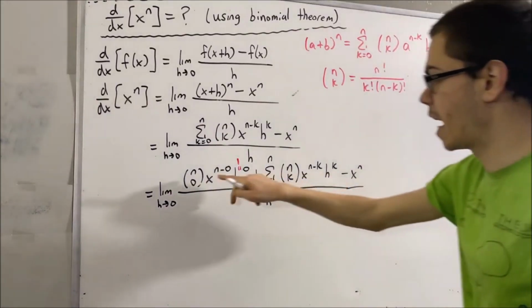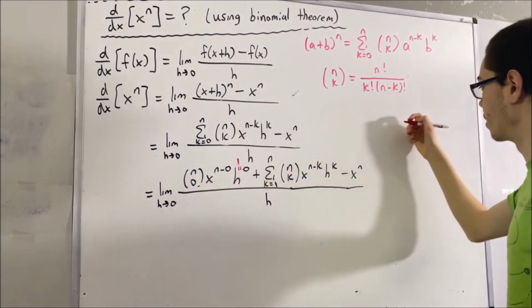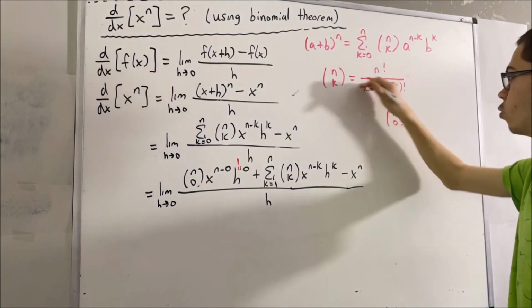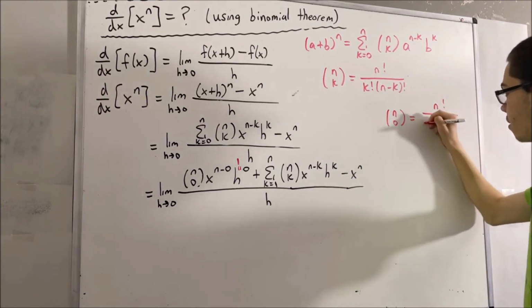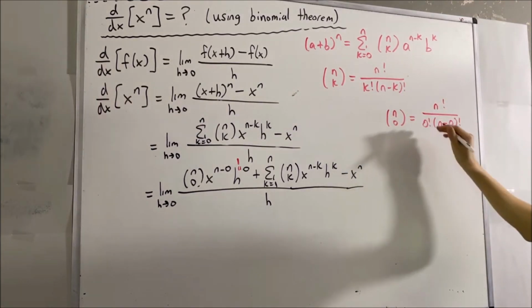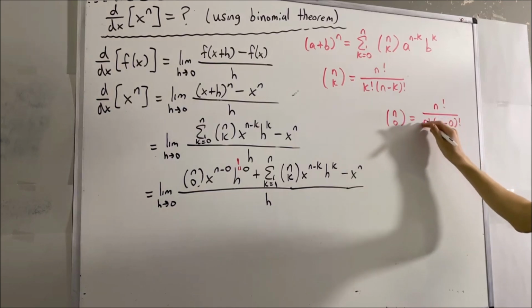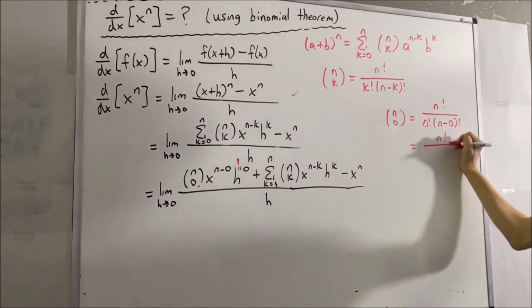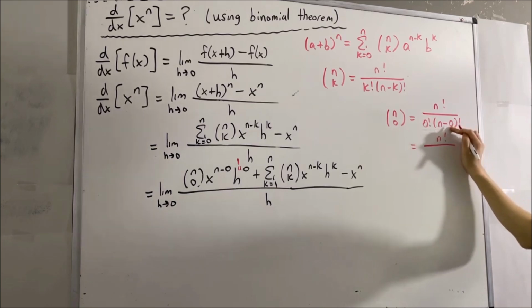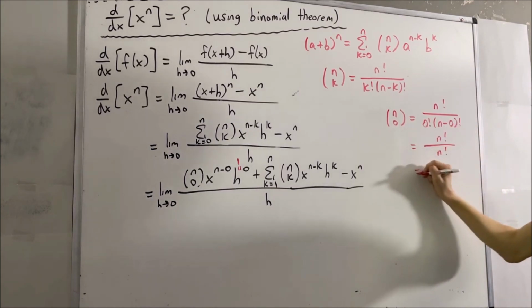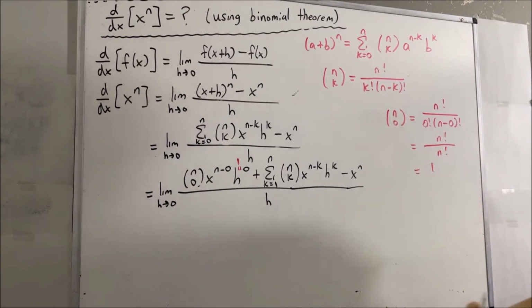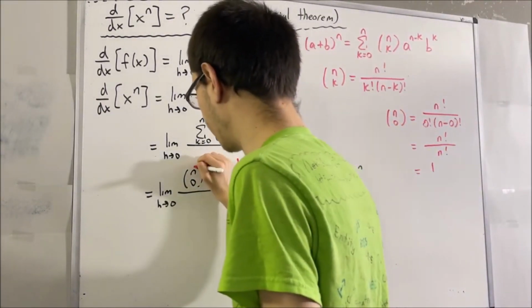And to see why n choose 0 is just 1, it's really just taking what we have here and replacing k with 0. It turns out that 0 factorial is just 1, so we don't even have to write this. And n minus 0 is just n. So we have n factorial divided by n factorial, which is, of course, just 1. And so, yeah, n choose 0 is precisely 1.